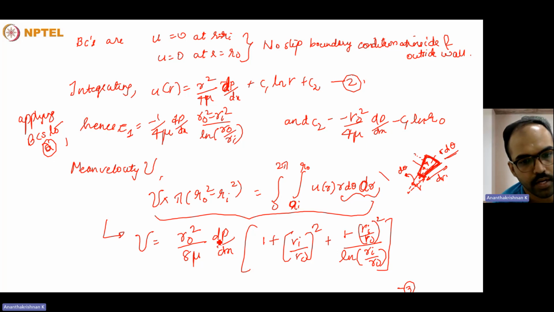So now we have obtained the value. The next part is that we have to show that the shear stress on the inside wall at radius Ri will be different from the shear stress at the outside wall at radius r equal to r outer.